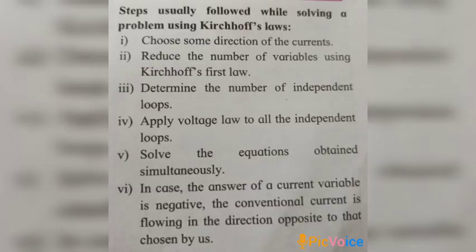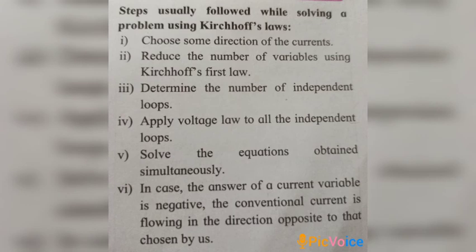Some steps to follow while solving problems using Kirchhoff's laws. There are some steps one by one. The first step is to choose some directions of the currents. Second step, reduce the number of variables using Kirchhoff's first law. Third step, determine the number of independent loops.